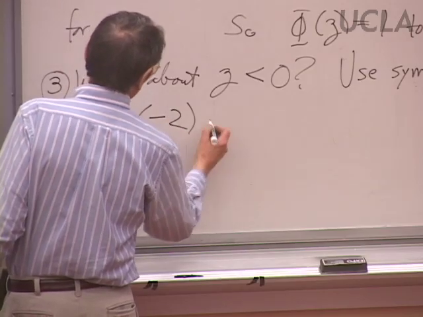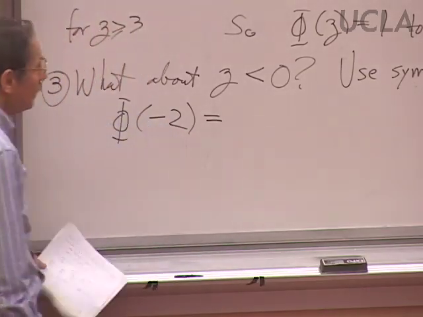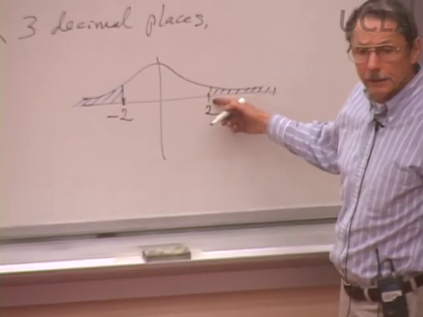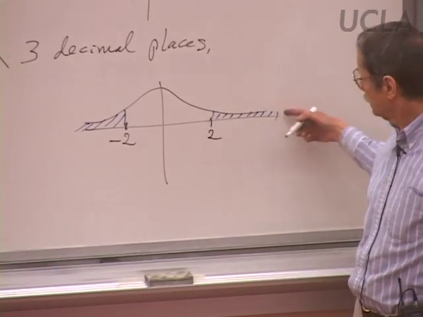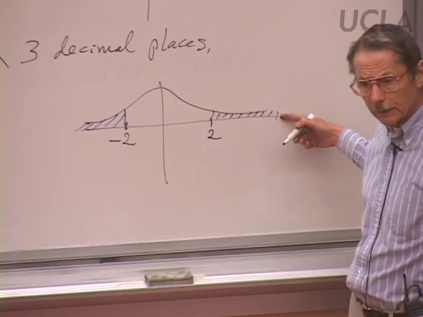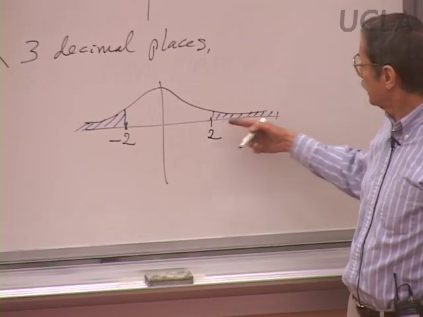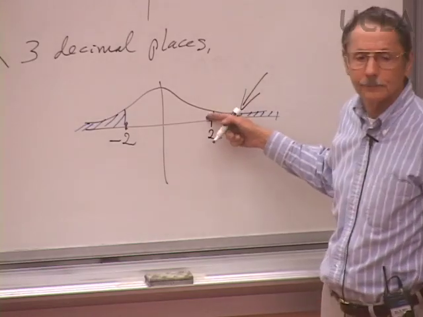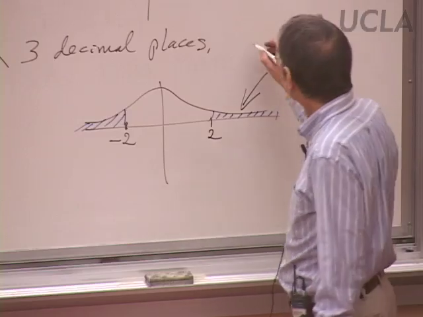Phi of minus 2 is this area on the right-hand side. And that's the complement of the area up to there.